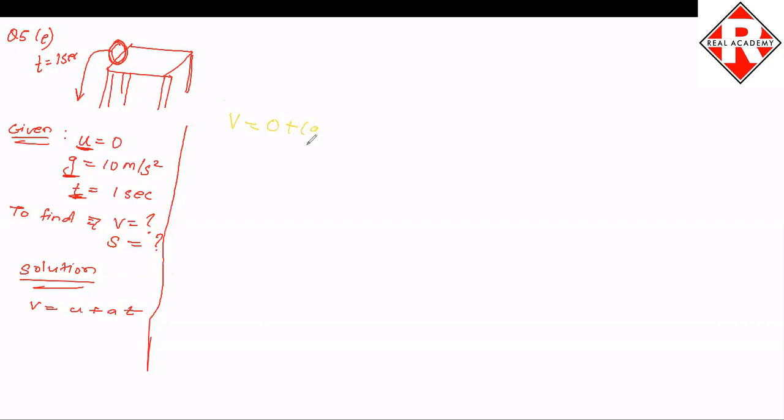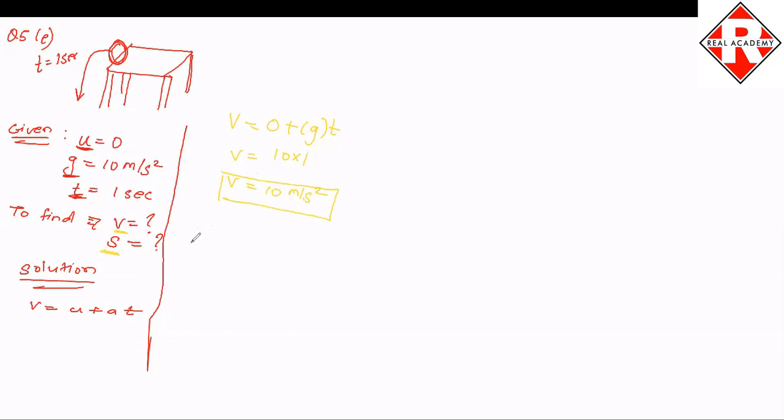In place of A, substitute G. Correct. So V is equal to G's value, which is 10, into 1. So I can see V is what? V is 10 meters per second. So we have got the final velocity. Now I know V also. I want to find S. To find S, I can use either the second or the third kinematical equation.